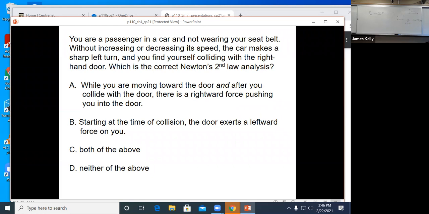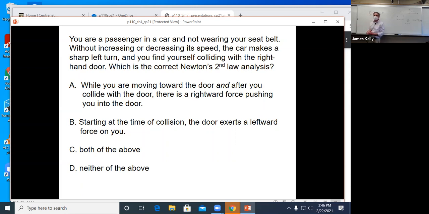So which one are you disagreeing with? The first part, while you're moving towards the door, there's a rightward force pushing you to the door, or after you collide with the door, there's a rightward force? I agree with both parts. Disagree with there being a rightward force pushing you into the door afterwards, okay? Anybody else have a comment on that?